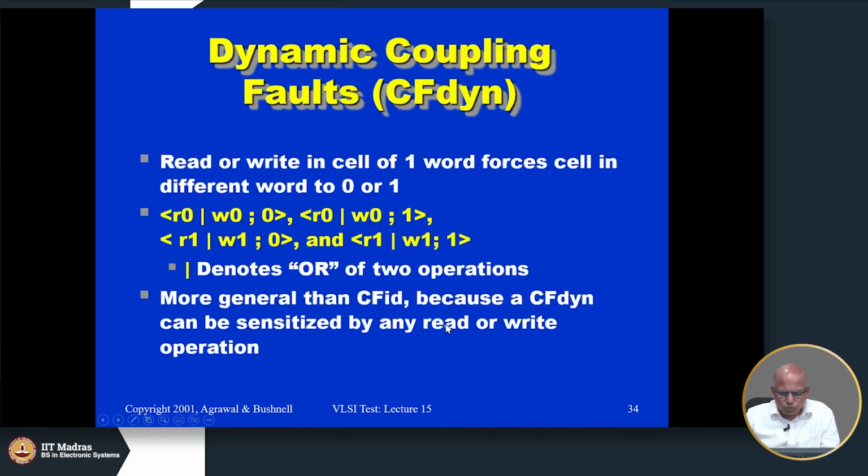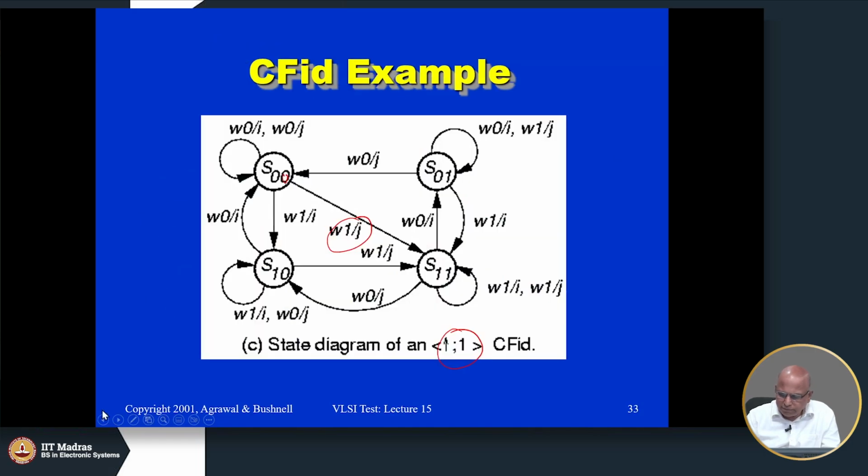And like that you may have so many, you can make up your own examples, okay. Let us do one more example. So, I have 4 cells, I am sorry, 2 cells, with states 0 0, 0 1, 1 1, 1 0. Let us pretend that we have this fault.